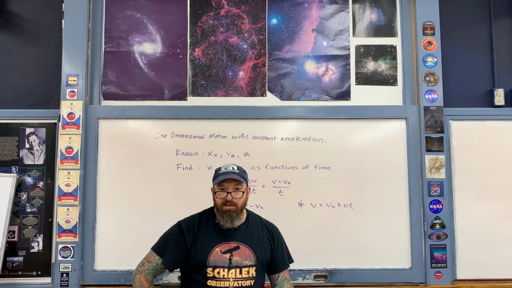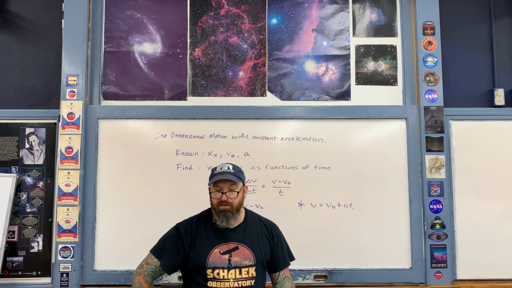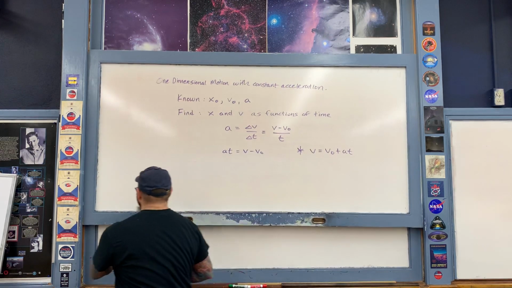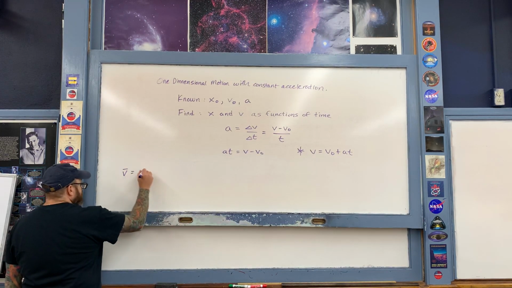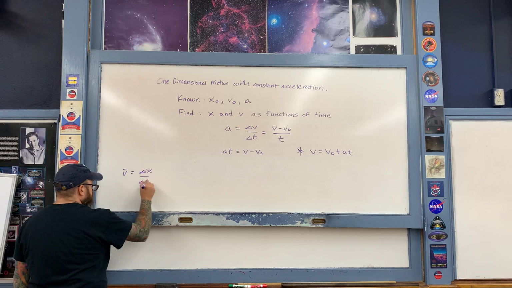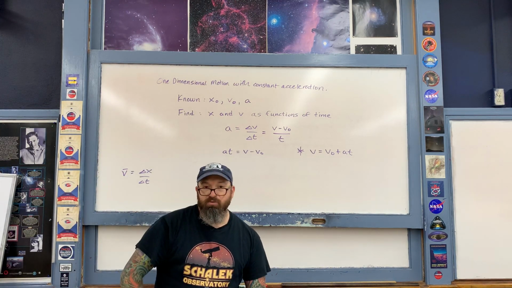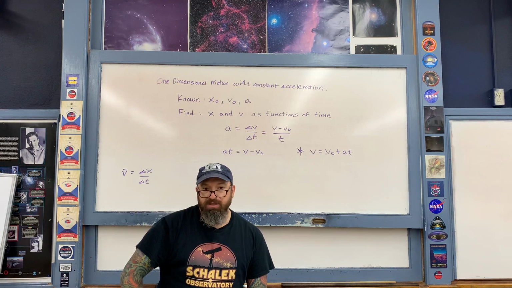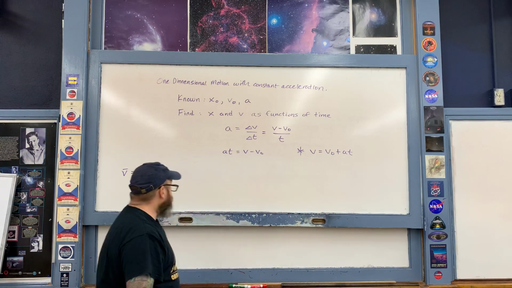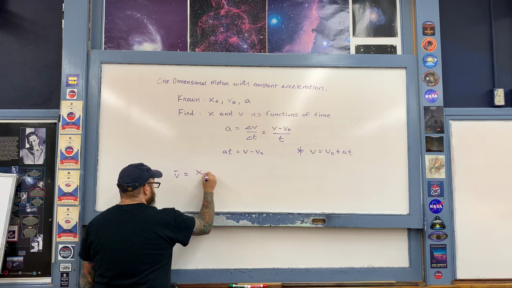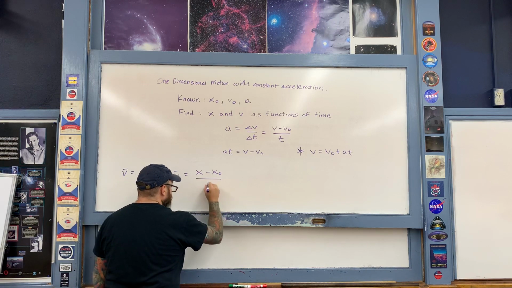We'll then find the second equation by beginning with the description of average velocity. Average velocity is change in position divided by change in time. Let me begin this derivation much the same way as I did previously with the other derivation. Let's go ahead now and write the numerator of the expression on the right-hand side as final minus initial position.